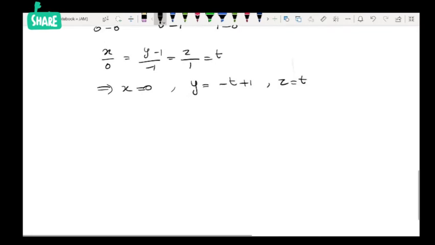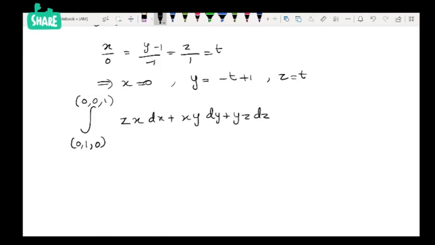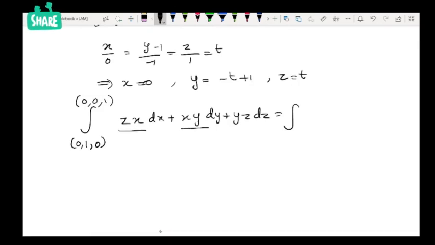When you apply it in the integration from B to C, zx dx plus xy dy plus yz dz equal to integral, again zx and xy will be 0 and yz will be 1 minus t into t dt, and the integral is from 0 to 1. It is the same as before, right? So this integral is also 1 by 6.